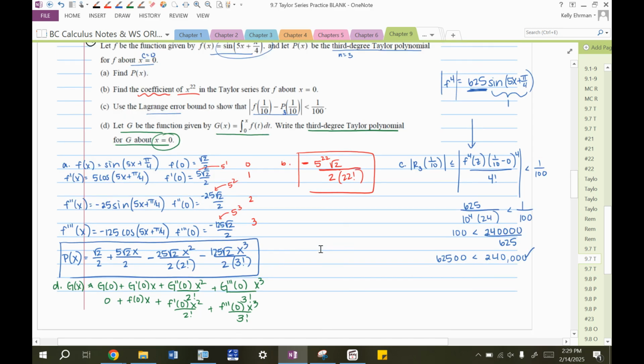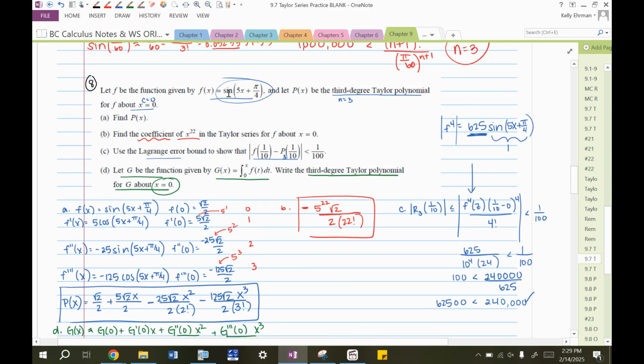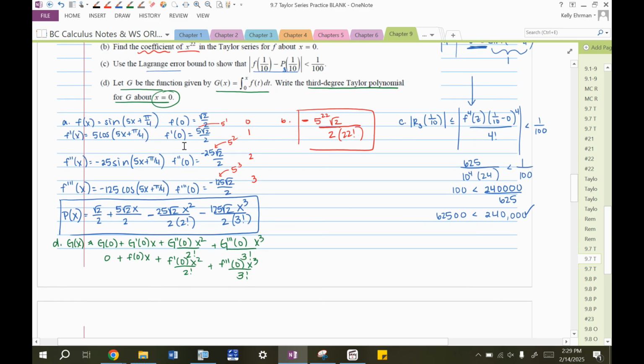Okay, do we have that information? Well, remember, we do have an f of x, and so we do have those values. We have f prime of 0 and all that, so we already did the math on that. So I'm going to put that over here. So we have 0 plus f of 0 was radical 2 over 2 times x plus f prime of 0 was 5 radical 2 over 2 times x squared over 2 factorial.